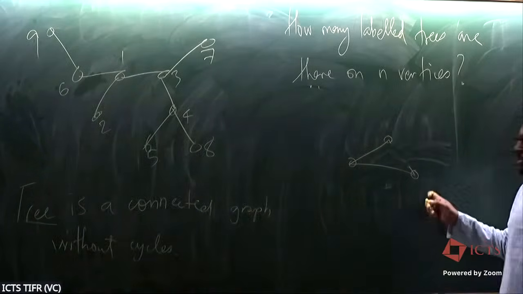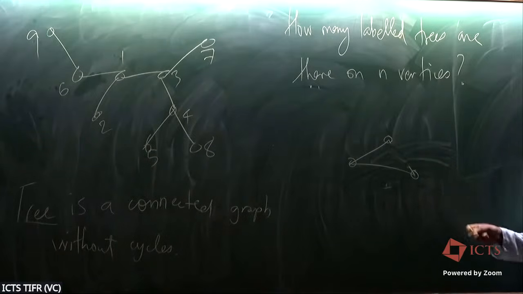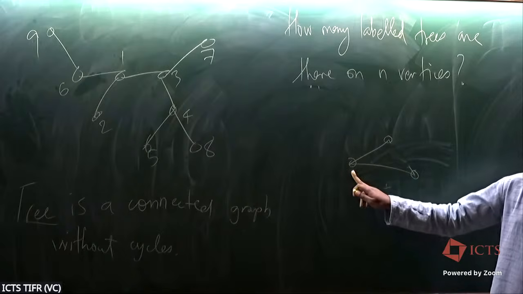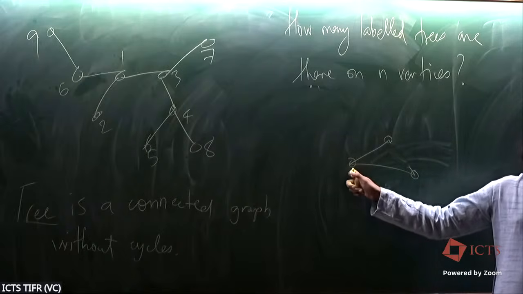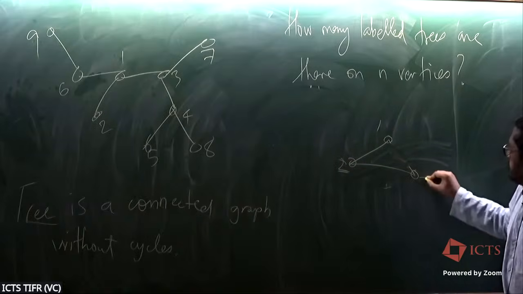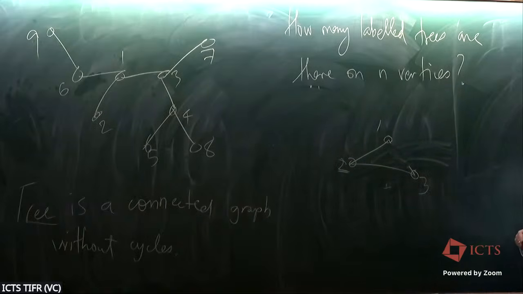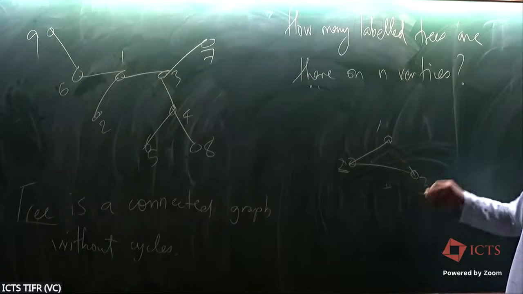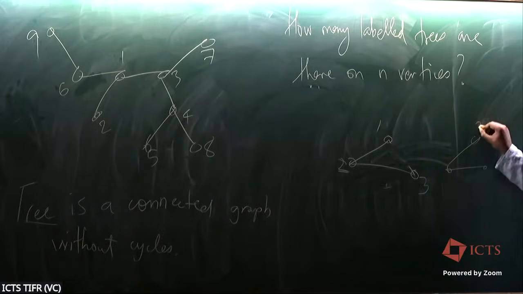Okay, so how many distinct ways are there to label this? Three ways. Because depending on what label you put at this vertex, you'll get a different tree. So 1, 2, 3 is one possible way to do it. You could also do 2, 1, 3.